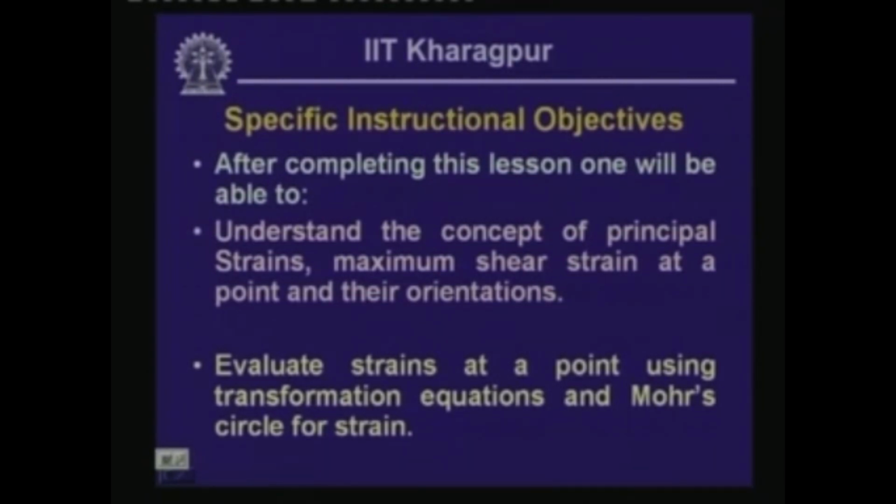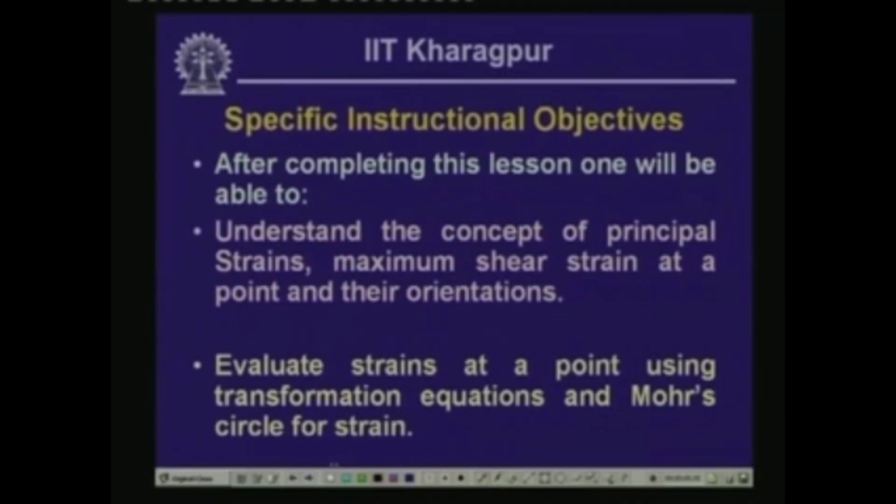In this particular lesson, once it is completed, one should be able to understand the concept of principal strain and the maximum shear strain at a point and their orientations with respect to the rectangular axis system. One should be able to evaluate strains at a point using transformation equations and Mohr's circle of strain.